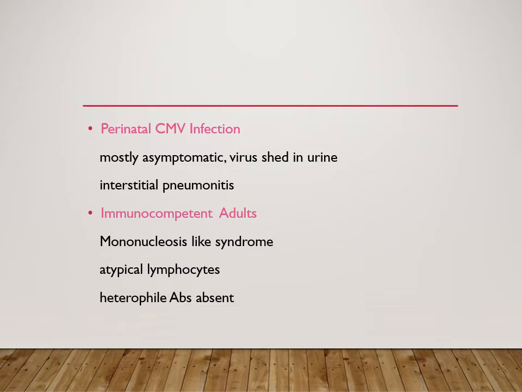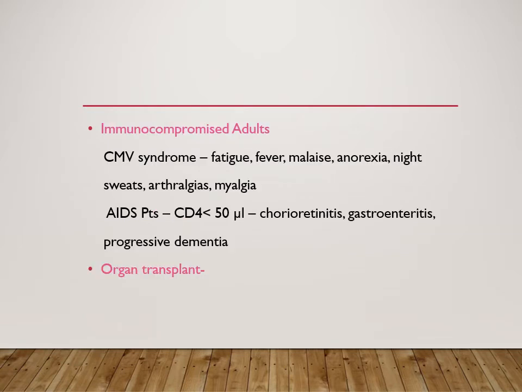The picture is usually of mononucleosis like Epstein-Barr virus, which causes infectious mononucleosis. So cytomegalovirus can also cause a mononucleosis-like syndrome having atypical lymphocytes. And in immunocompromised adults, there can be the CMV syndrome with fatigue, malaise, anorexia, but this is not part of the congenital infection.